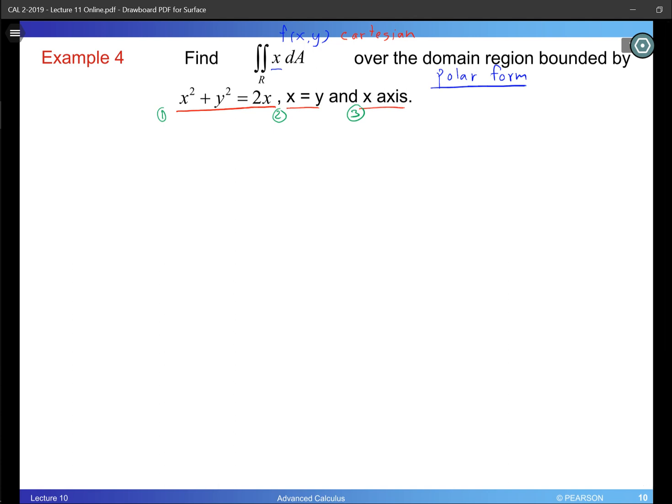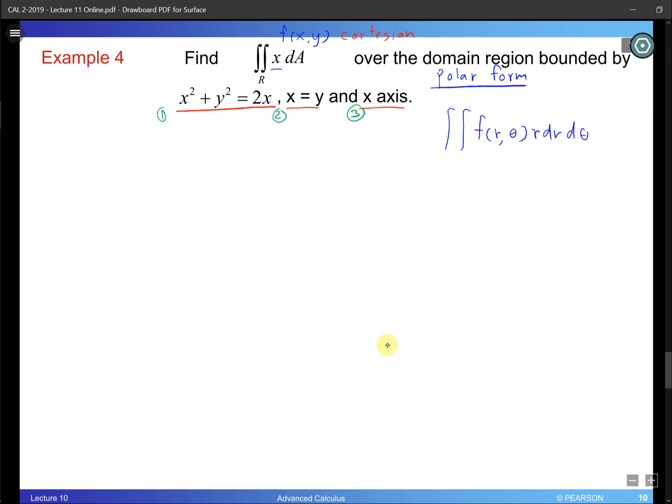And as you know, the polar form has its own formula when it comes to double integral, and it looks like this. The double integral of a function. Of course, this is polar form. It means that the function has to be in terms of radius and theta. Now, the following term is the differential area, or dA, and in polar form, this is equal to r dr d theta.